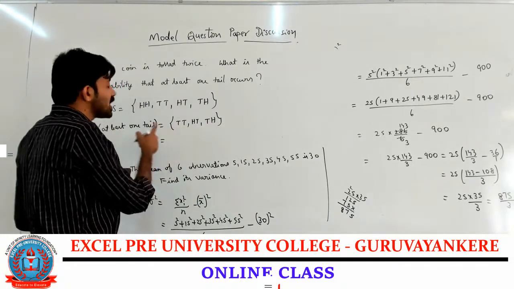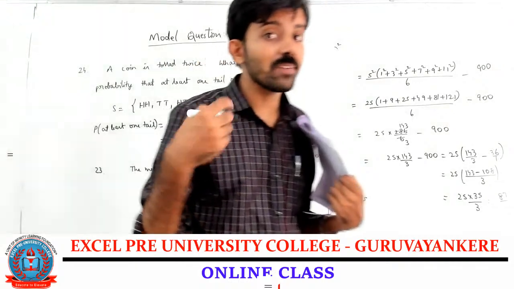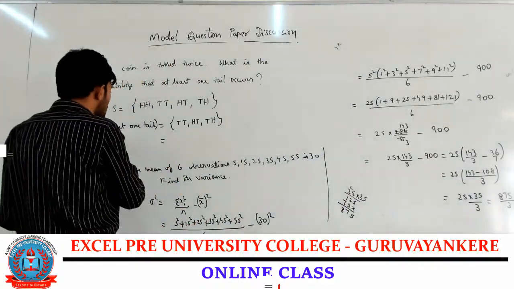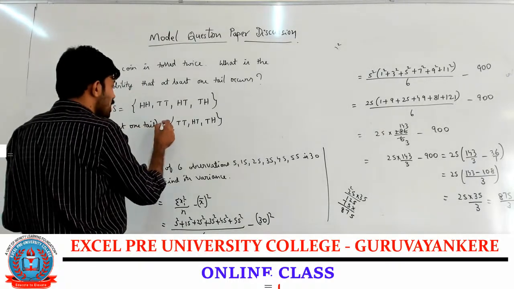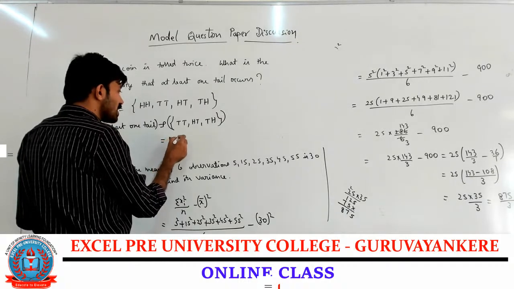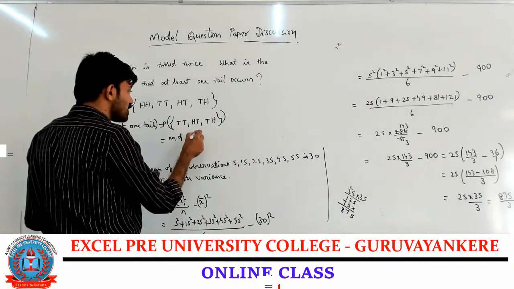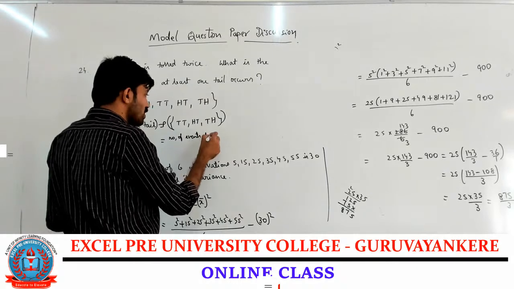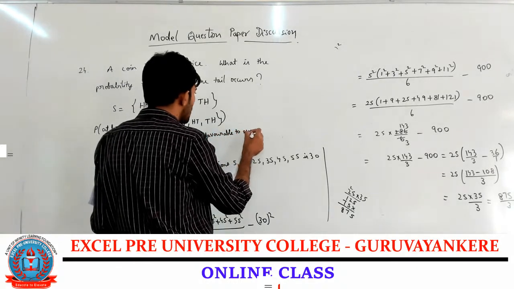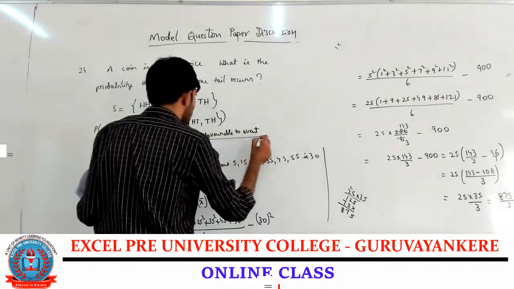So probability of an event is the number of outcomes favorable to the event divided by the total number of outcomes in the sample space. Correct? Probability of at least one tail is the number of outcomes favorable to the event divided by the total number of outcomes in the sample space.